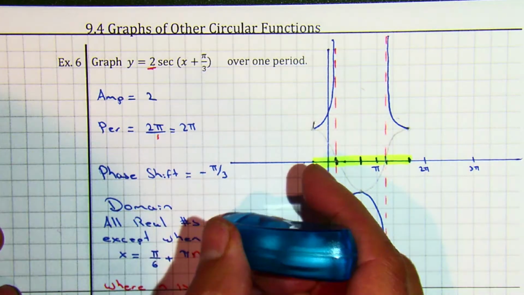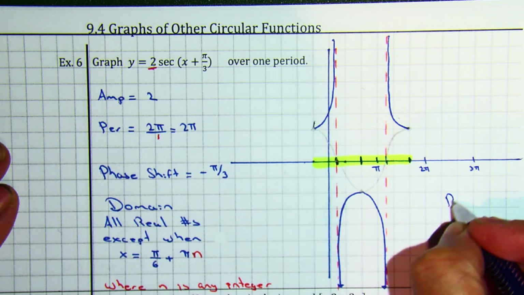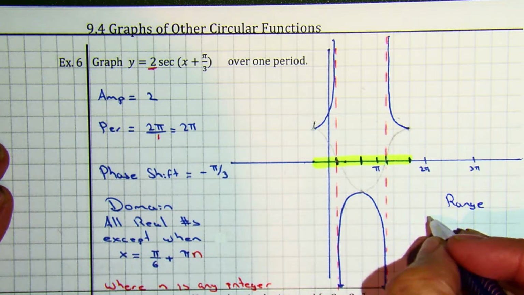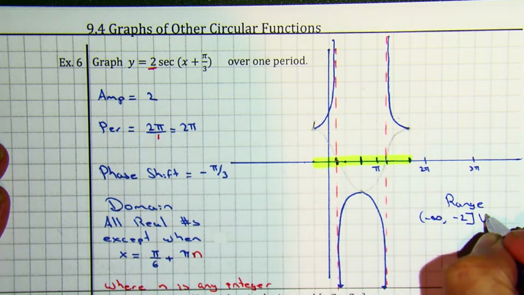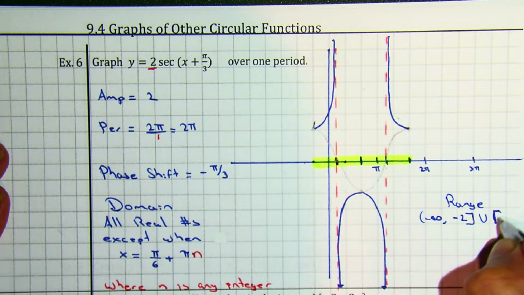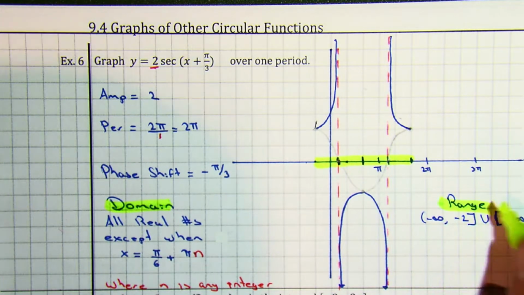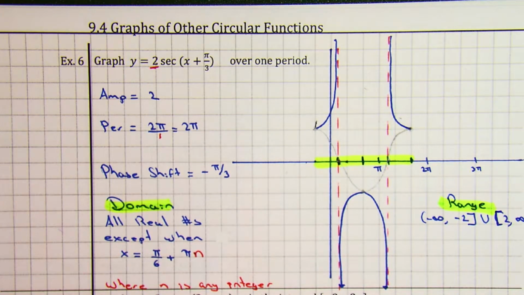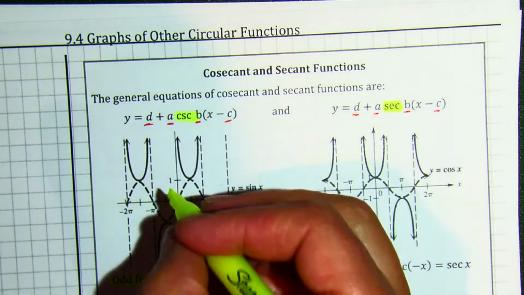Your range will be from negative infinity all the way up to -2, union from 2 all the way to positive infinity. Now, before we continue to the last example, I want to highlight the one period.